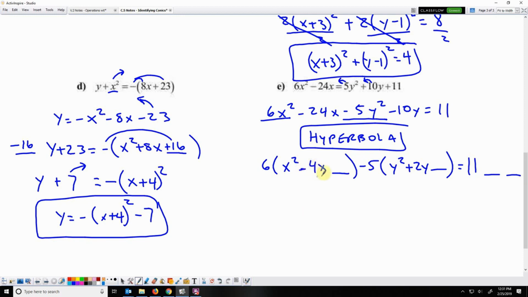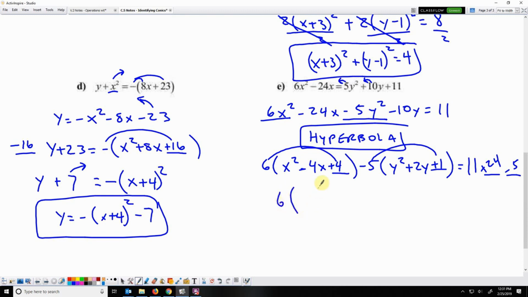Half of b is negative 2. Squared is 4. I added 6 times 4, so I'm adding 24. Half of b is 1. Squared is 1. But I added negative 5 times 1, so that's negative 5.